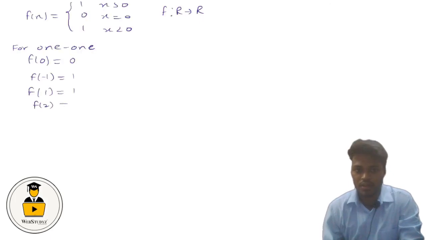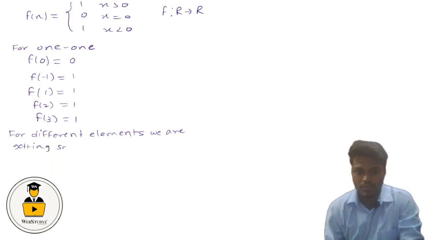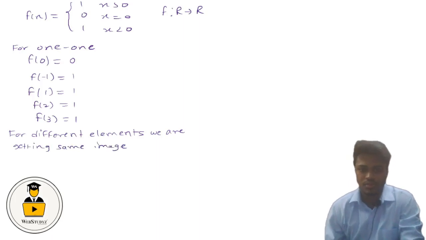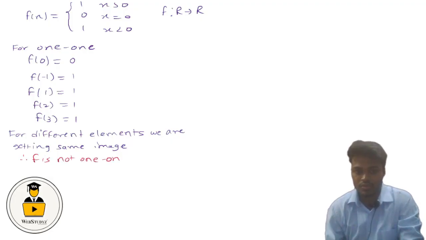If we take 2, then it will be 1. For 3 also it will be 1. We can see that for different elements we are getting the same image. Therefore we can say that f is not a 1-1 function.